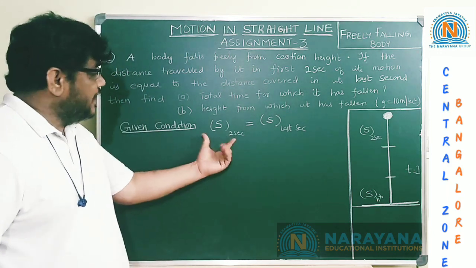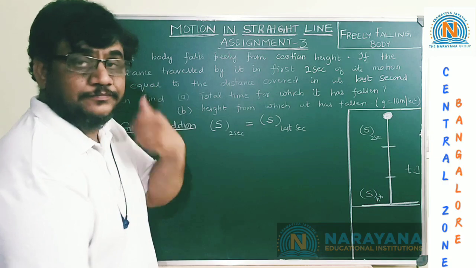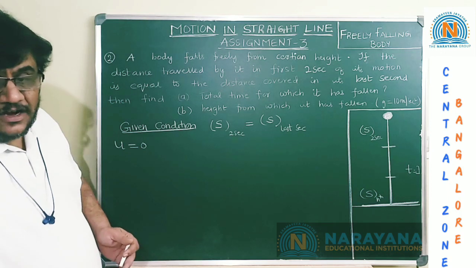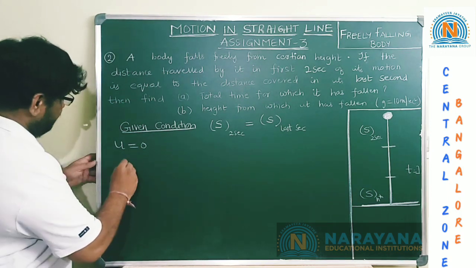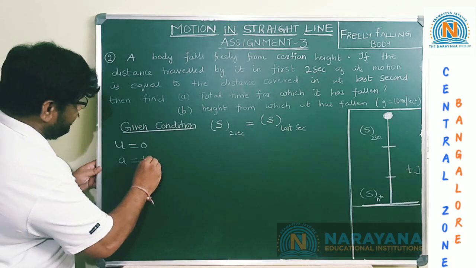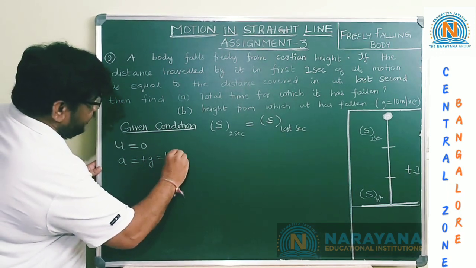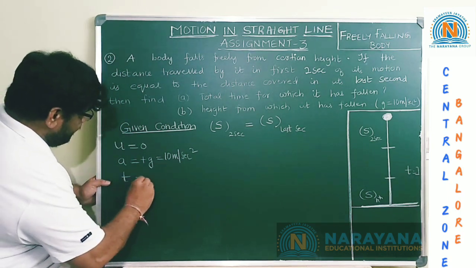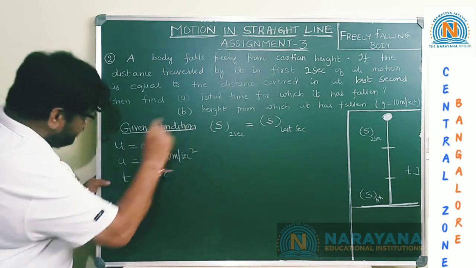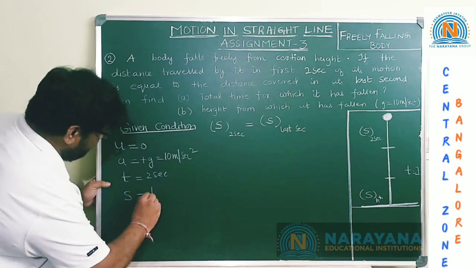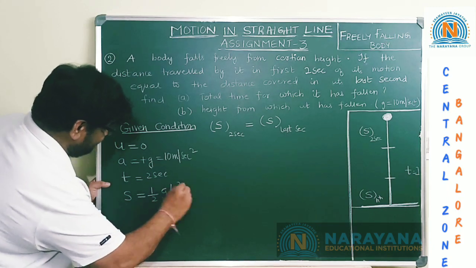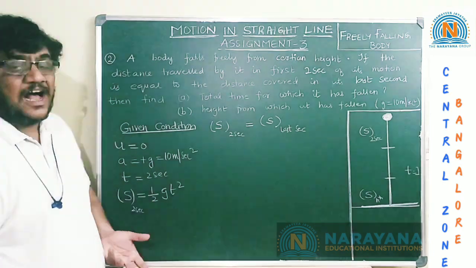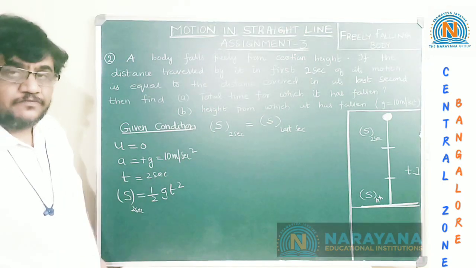This left hand side part, we can find easily. How? Initial velocity is 0. A equal to plus g, it is given in the problem, take it 10 meter per second square. In 2 seconds, how much distance it travels? That will be equal to half gt square from the second equation of motion.